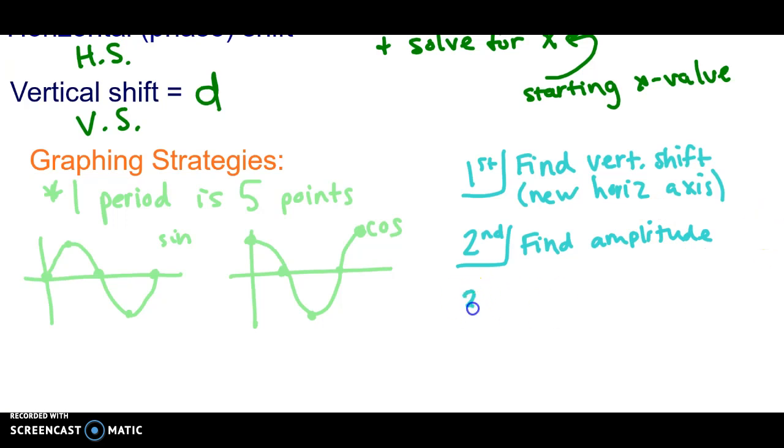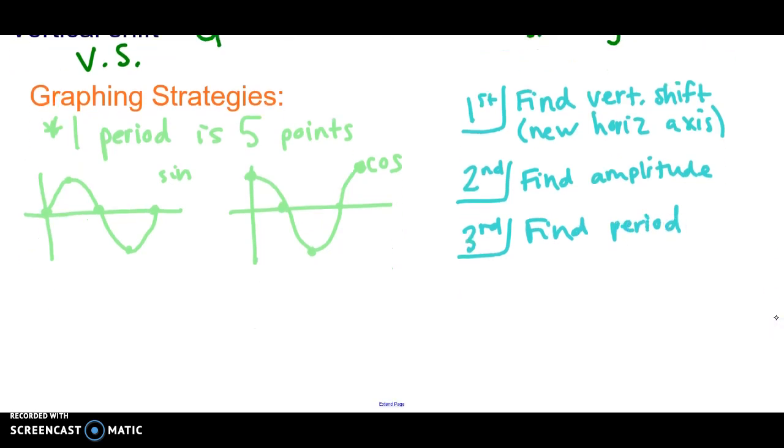Third, I would find your period. Okay, figure out how long is the period, which we know that's 2 pi over b. Fourth is you want to figure out what your intervals are going to be. And when I'm saying intervals, I'm saying the intervals between these 5 points that you're graphing, or 9 if it's 2 periods. To do this, you're going to take your period and divide it by 4.